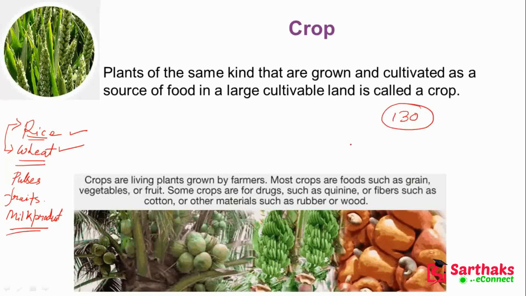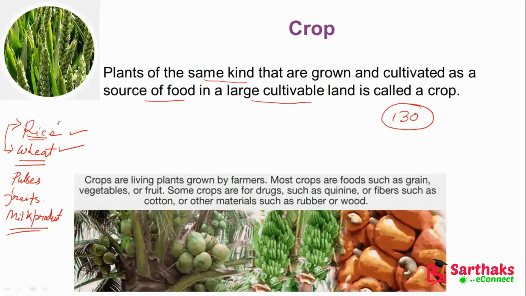If we think about the whole world, millions of people are there, and we have to feed them using our crops. So a crop means plants of the same kind that are grown and cultivated as a source of food in a large cultivable land.